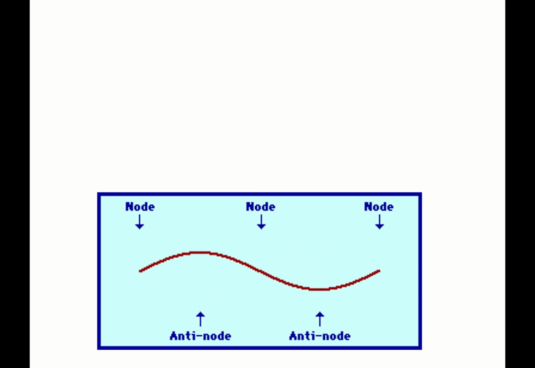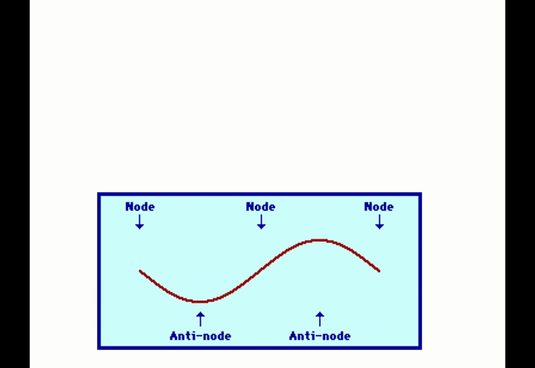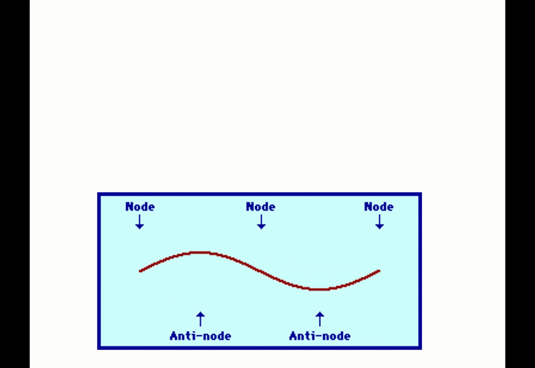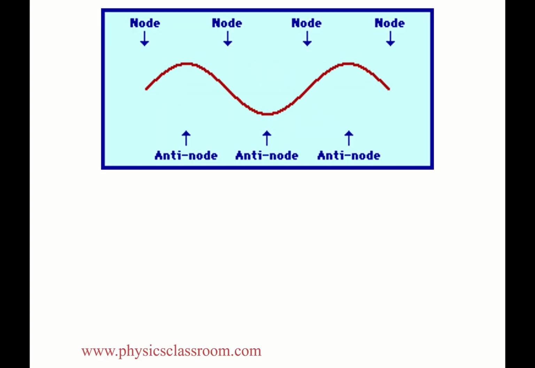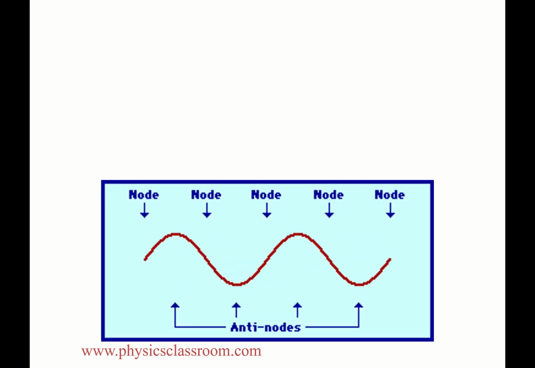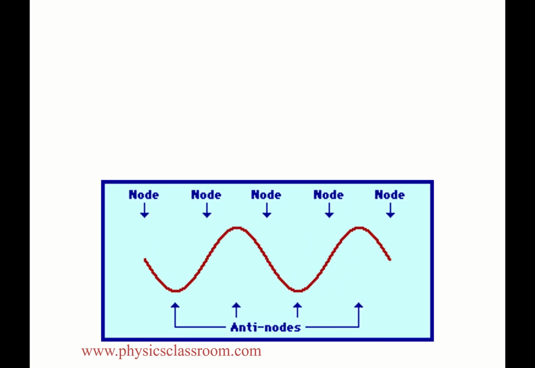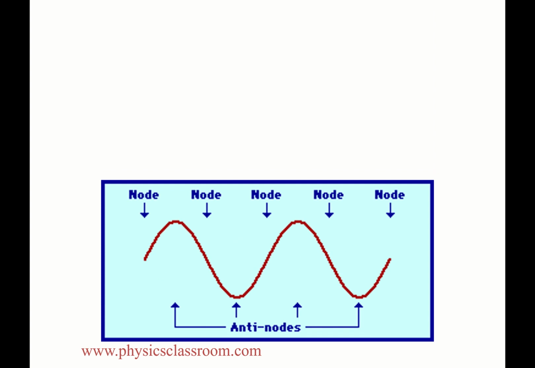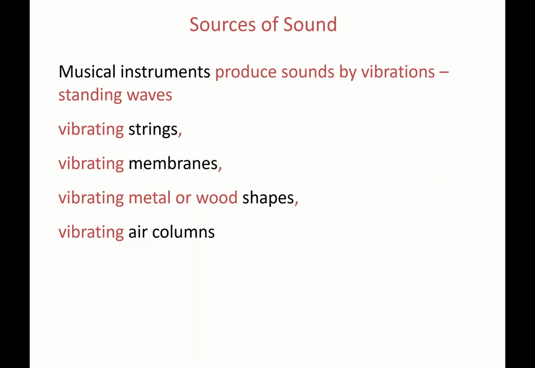You're always going to have a node at each end of the string, and here we have a node in the middle as well. We have 2 antinodes where the string goes up and down between maximum amplitude and minimum amplitude. And similarly, we go up to another level, we get an additional antinode, an additional node, and same thing again. You'll notice there's always one more node than antinodes.